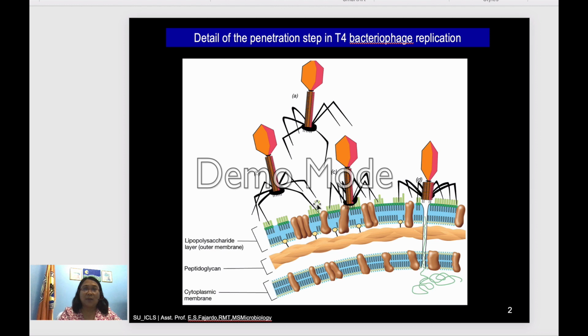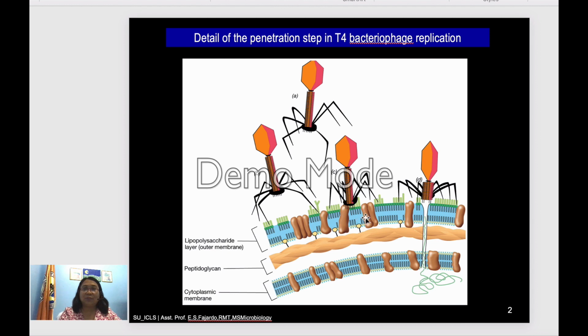They have spikes which are known as tails, and as soon as they are attached, the middle part, which is helical, stretches or compresses. It compresses such that the tip portion will secondarily attach to small receptor sites on the surface of the bacterial cell.